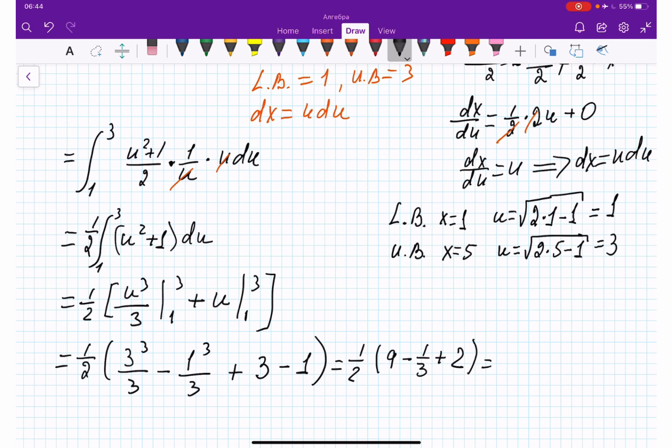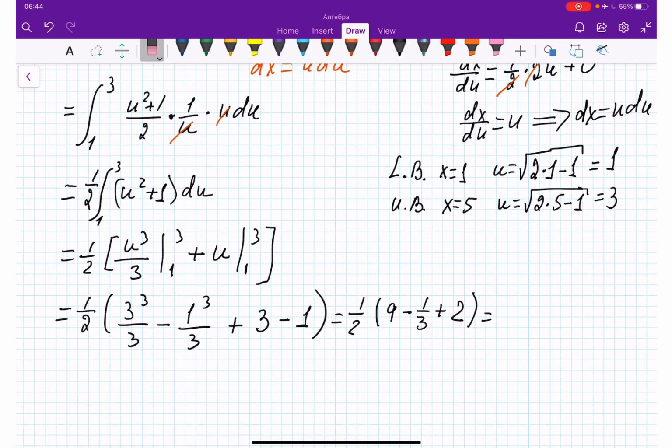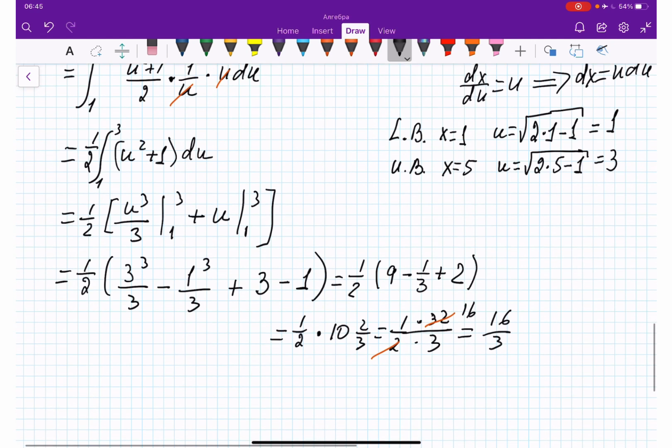And from here we get 1/2 times 11, since 9 plus 2 is 11, minus 1/3. It's going to be 10 and 2/3, times 1/2. That is 32 over 3 times 1/2. Here 3 stays, this is gone, here is going to be 16. And the answer is 16 over 3.